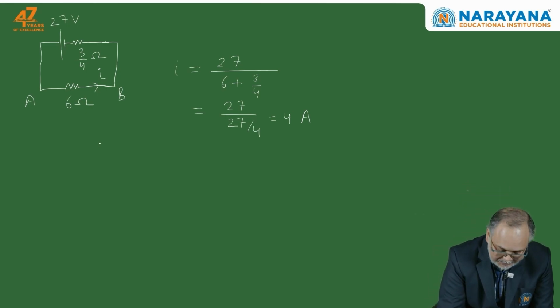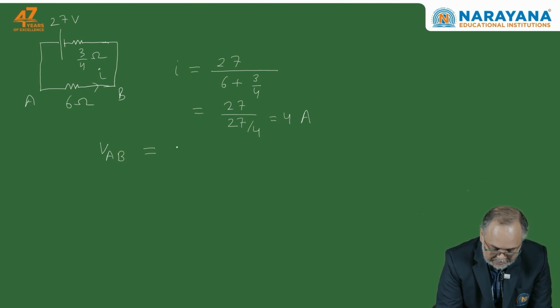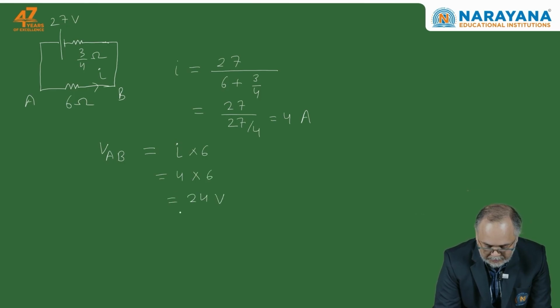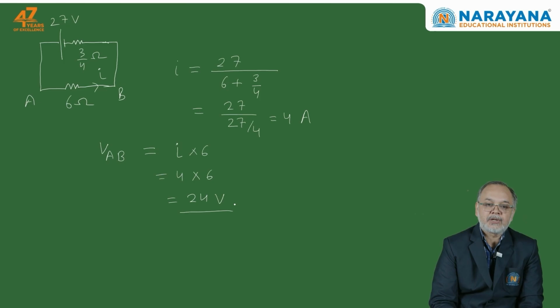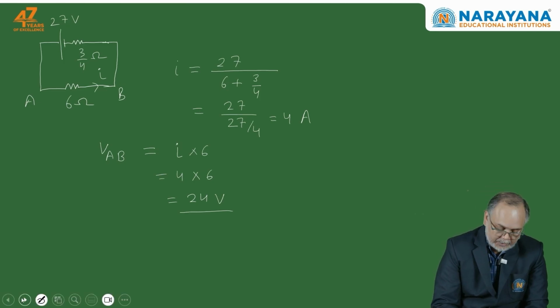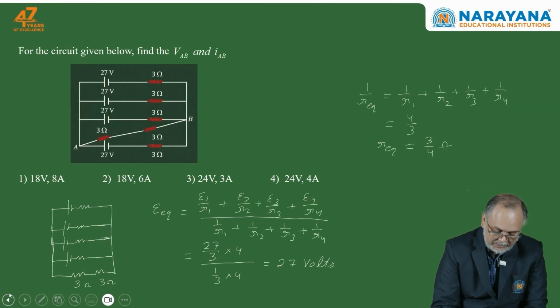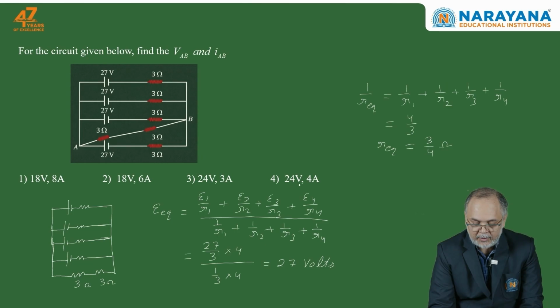Now with the help of this current, we can also write the potential difference between the points A and B, that is I into 6. So the value of I we have is 4, into 6, so that is equal to 24 volts. So current we have 4 ampere and potential difference we have 24 volts. So you can see option 4 is correct, 24 volt and 4 ampere current.